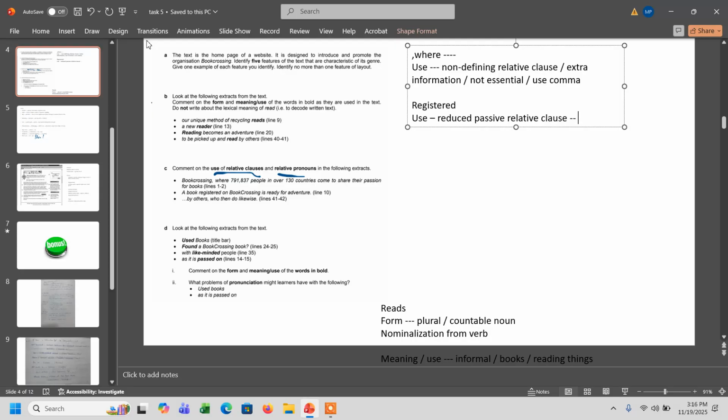Because if we try to write down the whole sentence, it would be a book which is registered on, but we reduce it, so it's a reduced passive relative clause.